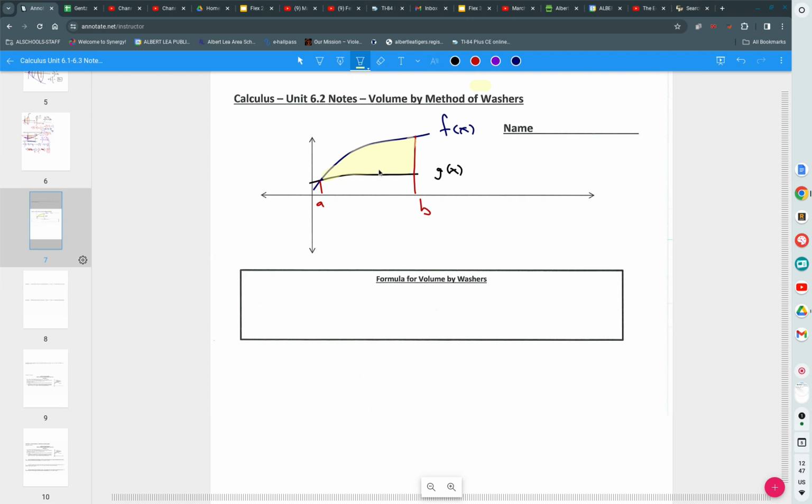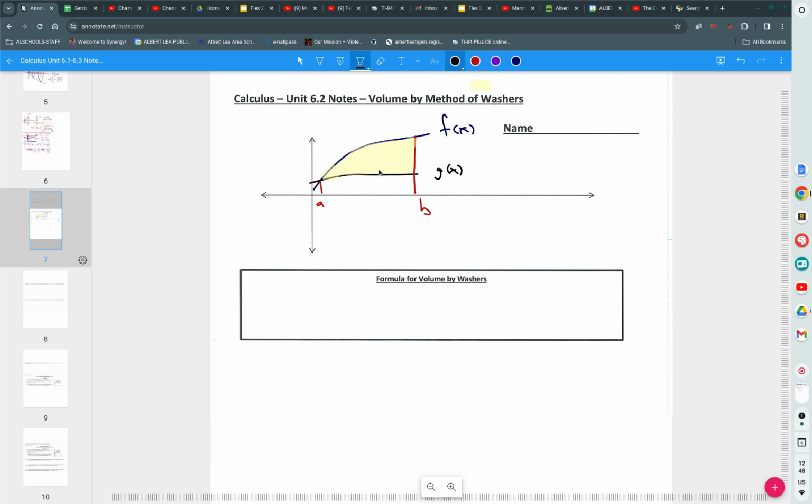You see that? So this is empty area. This is area that's filled in. Do you see that when you rotate it, you're going to get a hole or an empty space in the middle? So I'll try to draw a little bit about what that looks like.